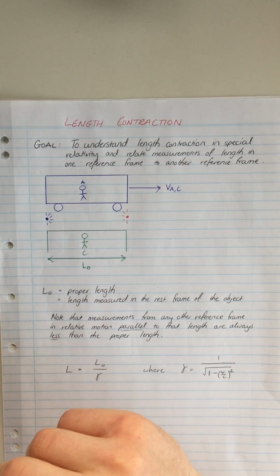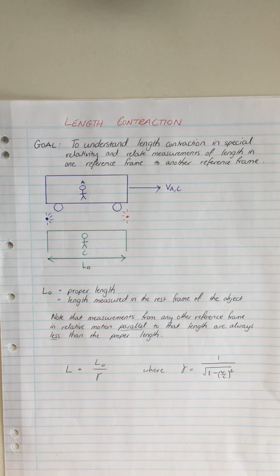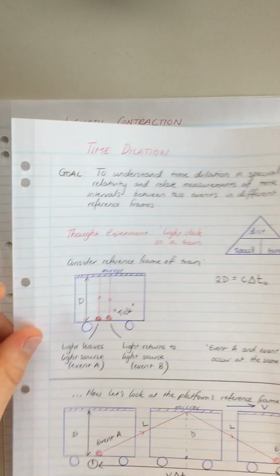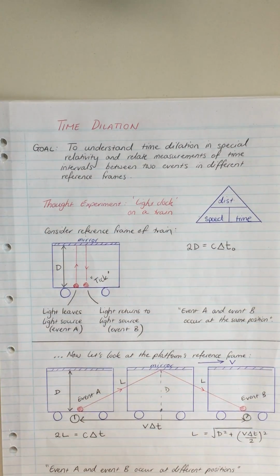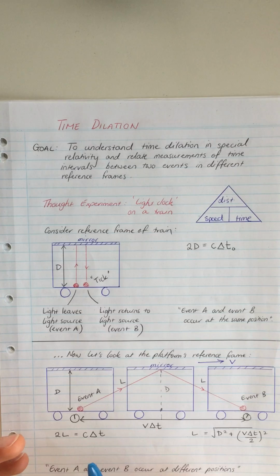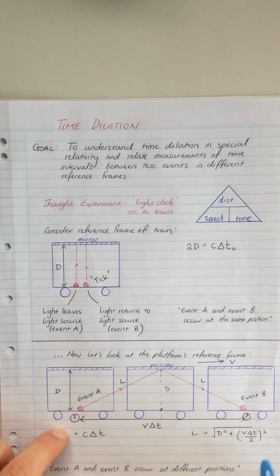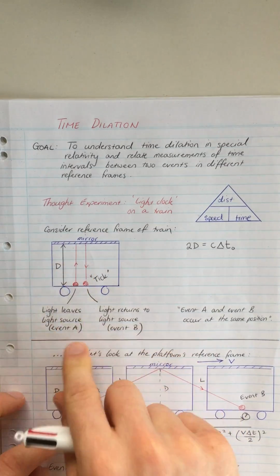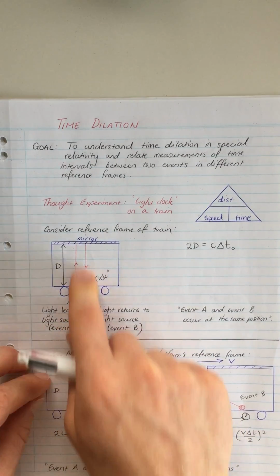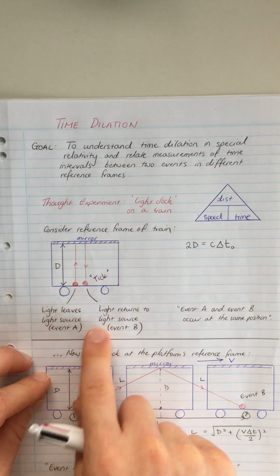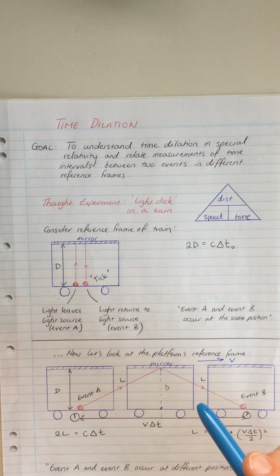A similar thing is the case with the time dilation that we were looking at in the previous podcast. So I'll just bring that back here. Just to remind you what happened here, someone on a platform was watching this light clock. According to the person in the train, the light is just bouncing up and down, and they're measuring time in that way.